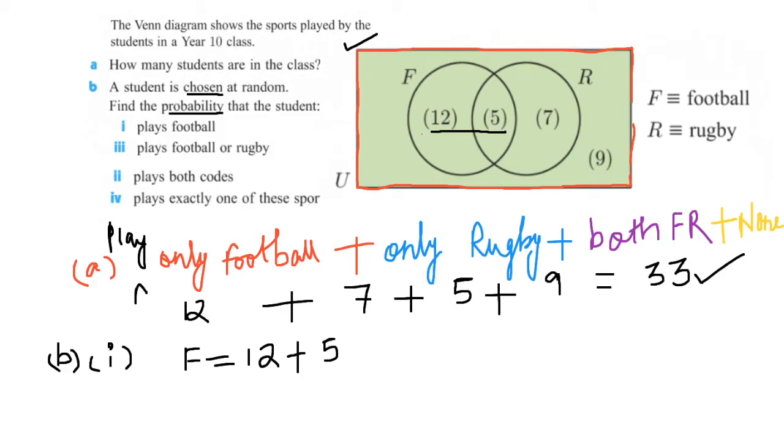But these are the people in this circle who play football. Understanding the language of the question is very important. They haven't said only football. If they have said only football, then we would have taken only 12. So number of students who play football are 12 plus 5, 17.